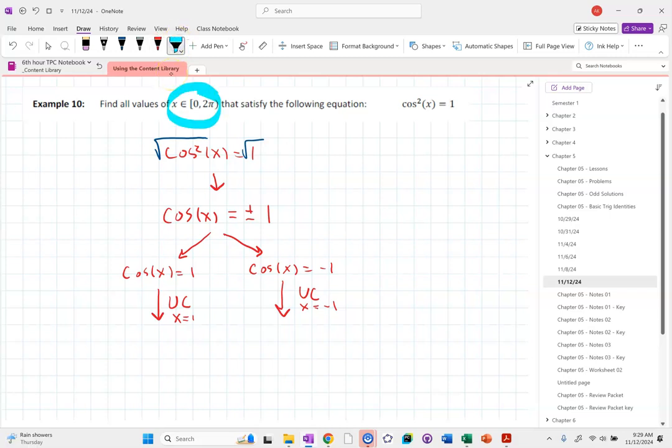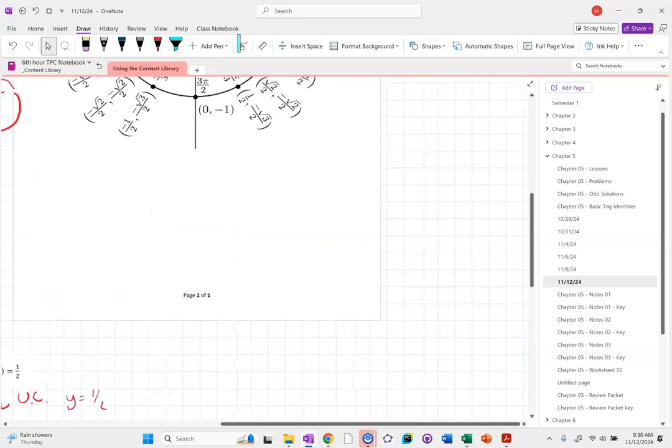And because the interval we're solving for is from 0 to 2 pi, I'm just looking at the unit circle, right? Now, notice here that the 2 pi has a parenthesis on it, so 2 pi is not a viable answer to us, but 0 is, because 0 is the bracket, right? So let's go to our unit circle.